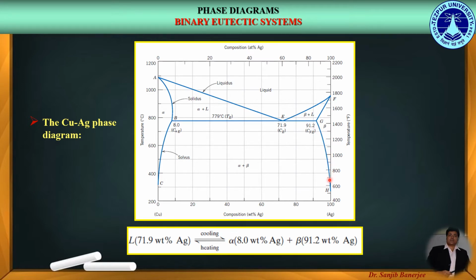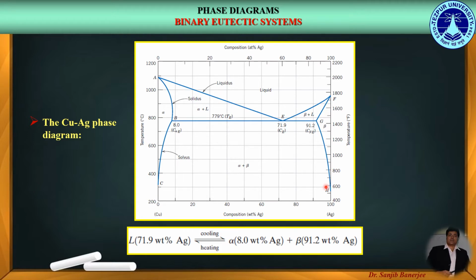That is, there is a limit of solubility of copper in silver, and this solid solubility decreases with the decrease of temperature.